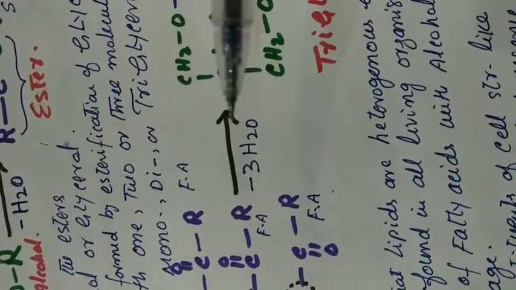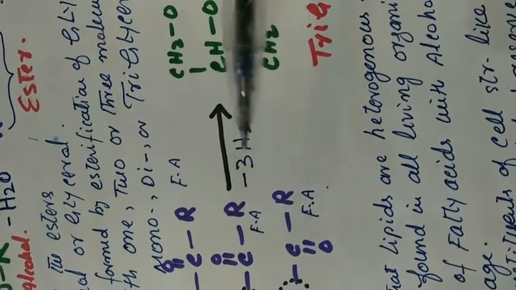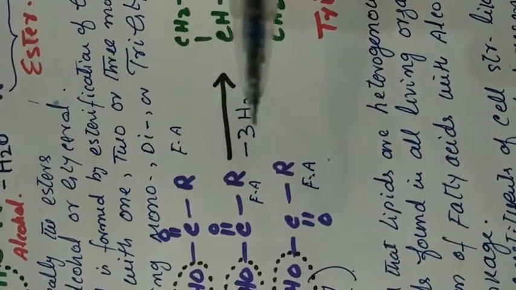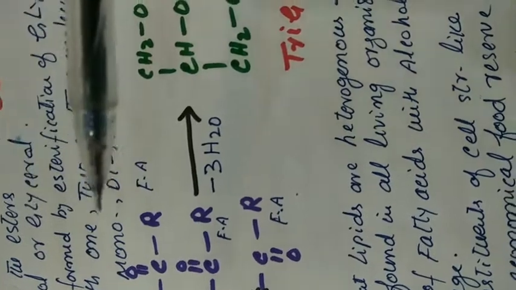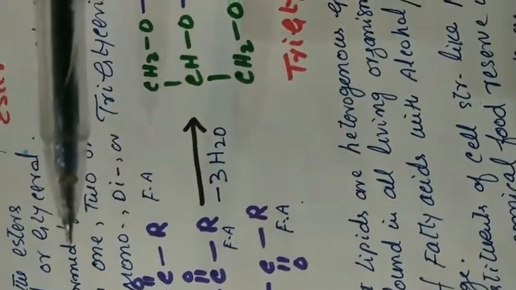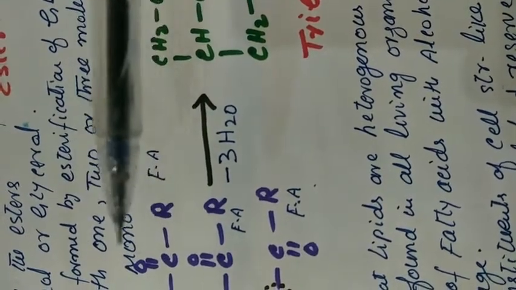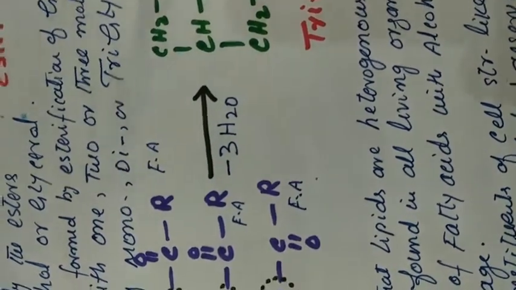And these lipids also serve as an economical food reserve in the body. Lipids have the capability to release a huge amount of energy on oxidation. For instance, 1 gram of a lipid on complete oxidation has the capacity to release about 9 kilocalories of energy.